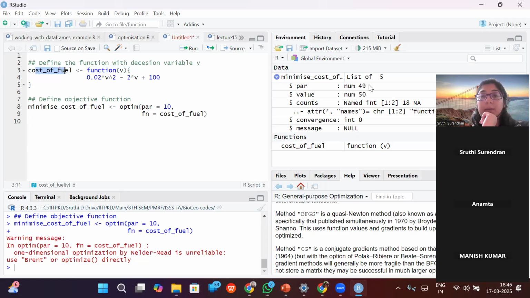So our optimized parameter is 49 and the cost of the fuel will be 50 if the parameter value is 49, which is going to be the minimum cost with an effective speed. Now, how did we get this done? That is something we look at now.